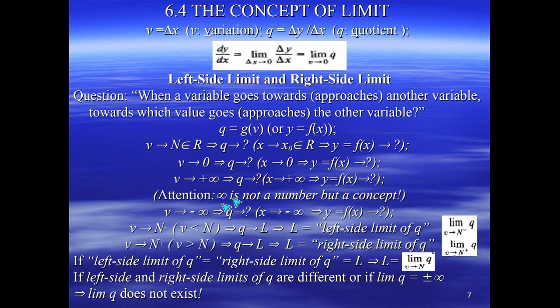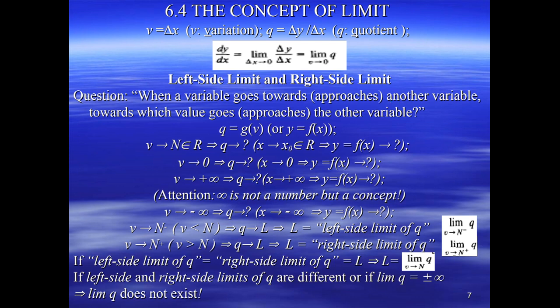All right. So here is an example. V goes to minus infinity. Where does q go? Or when x goes to minus infinity on a number line, from minus infinity to plus infinity, you start from 0, for instance, and you walk towards minus infinity.